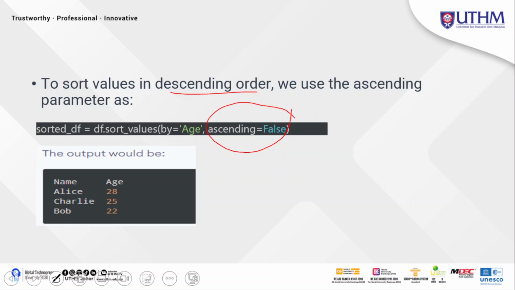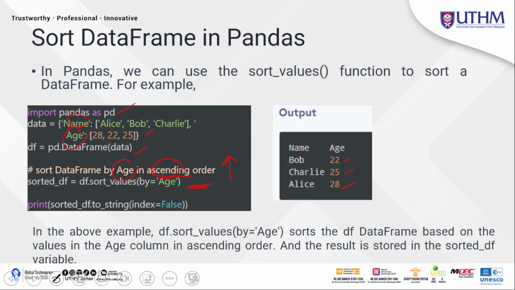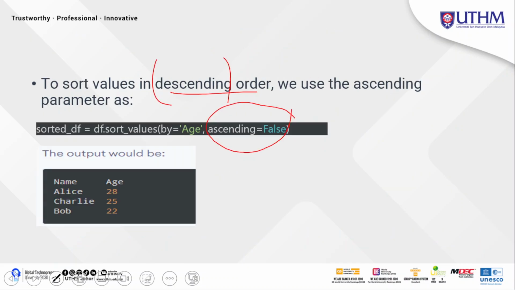If you mention false, it goes for descending order. You can ask me whether you want to write ascending equal to true here or not. Yes, you can, there's nothing wrong. But generally for ascending order, Python will automatically sort the values in ascending order. You just need to mention it if you want your data in descending order, then you have to use this particular statement.